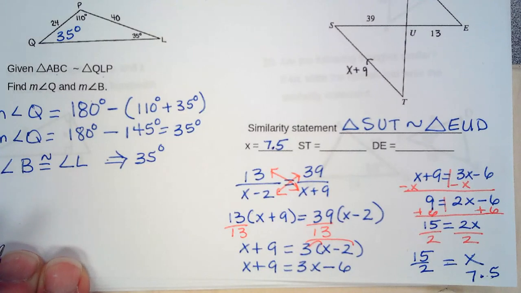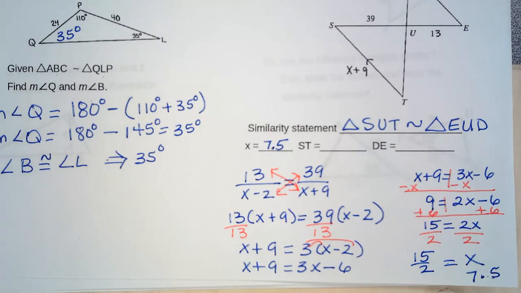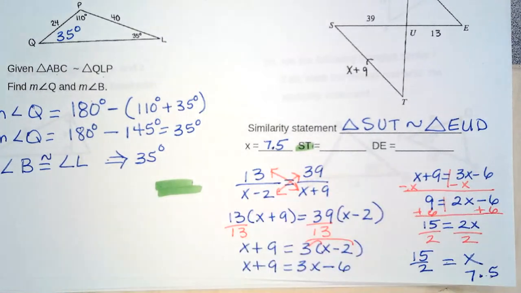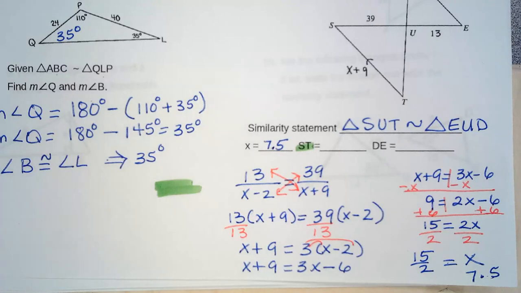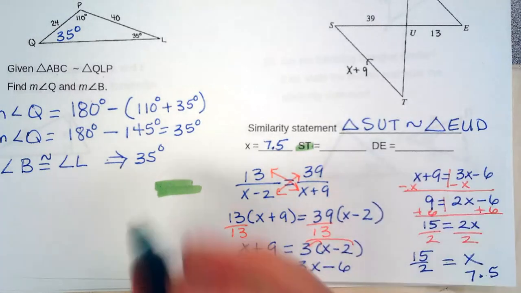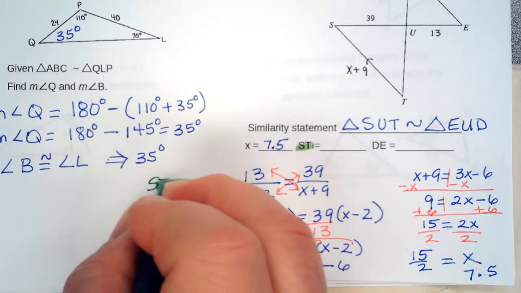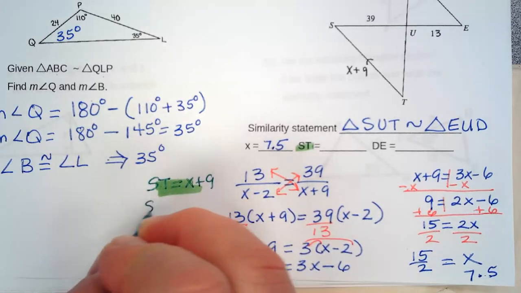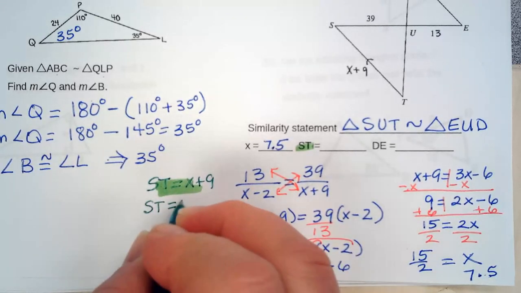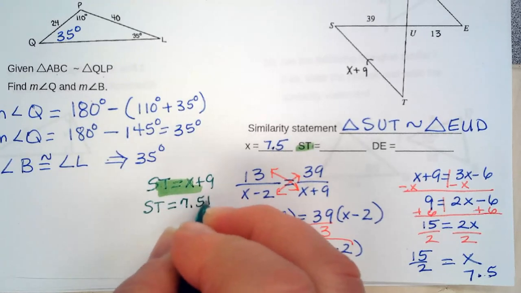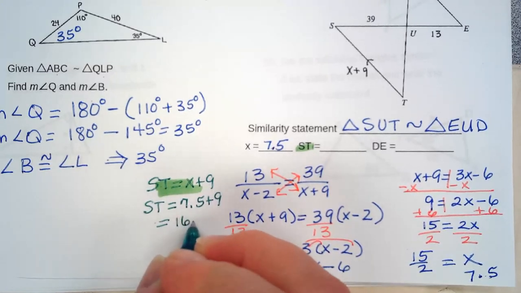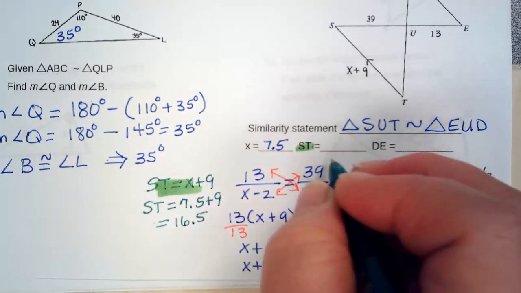Okay, so for ST, ST is x plus 9. So ST is equal to 7.5 plus 9, which is equal to 16 and a half, or 16.5.